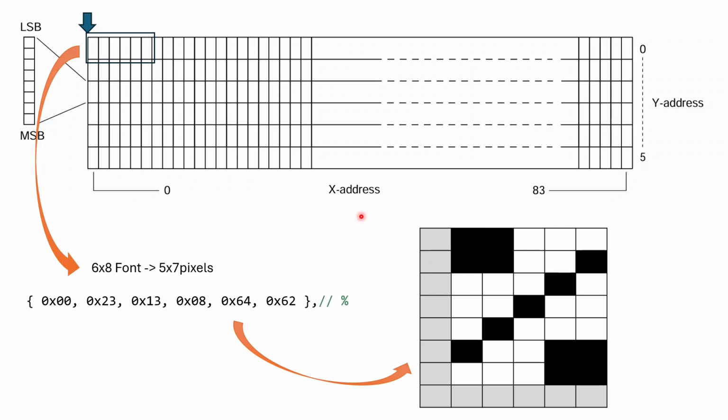Okay, let's look into the frame buffer more closely. The frame buffer is structured in 48 columns and 5 rows, as you can see in the picture.